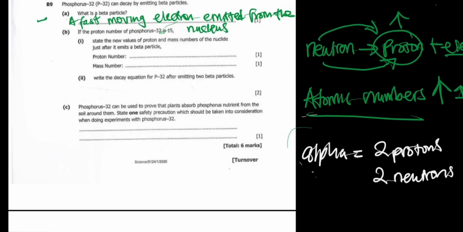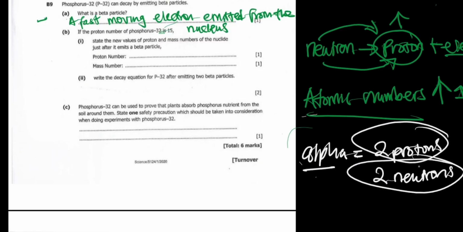So when an atom emits an alpha particle, it means that it loses 2 protons and 2 neutrons.